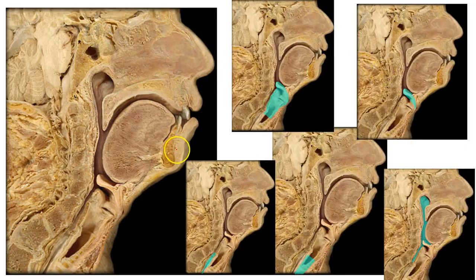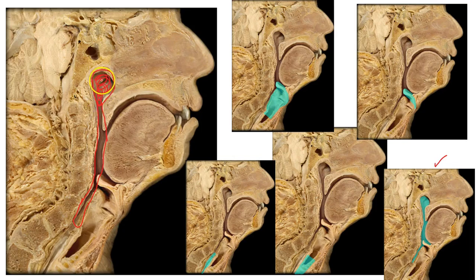Next, you should know some of these structures here. So as I mentioned before, from this region, back of the nose, back of the oral cavity, and back of the larynx, we have pharynx. So here, we call this region as pharynx. As you can see on this picture, the green part is called the pharynx.